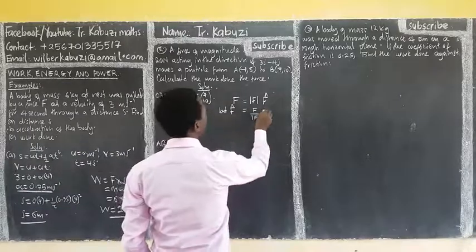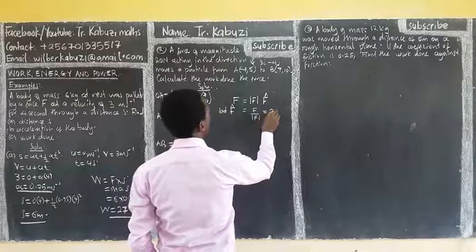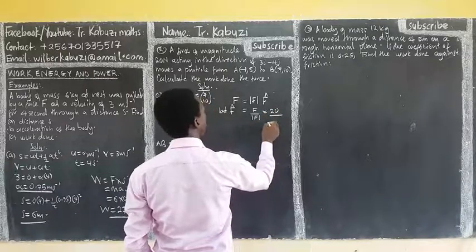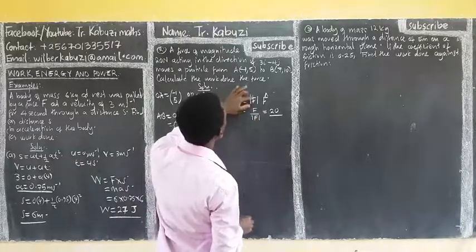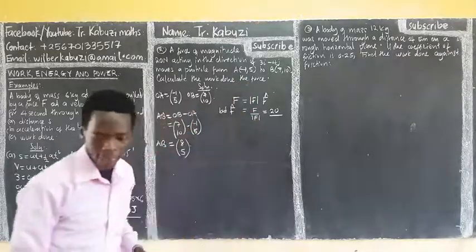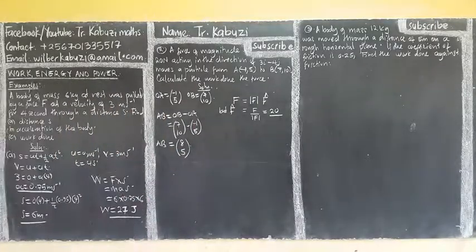So this will give us 20 over the vector form, which is the direction. Okay, so that's that.